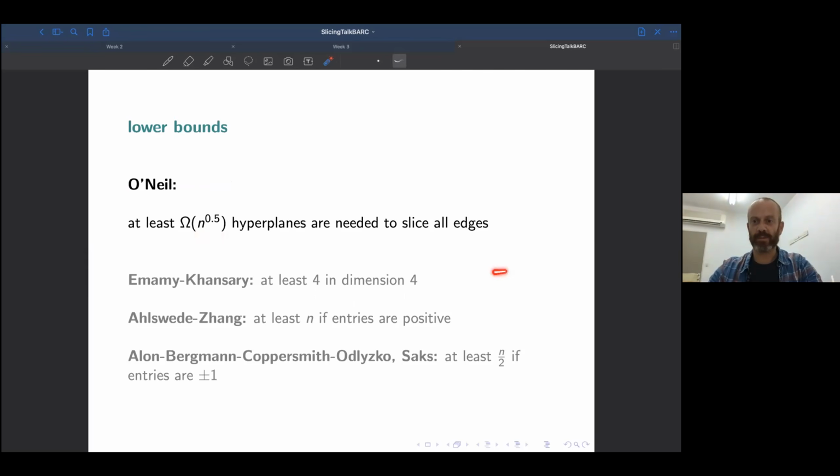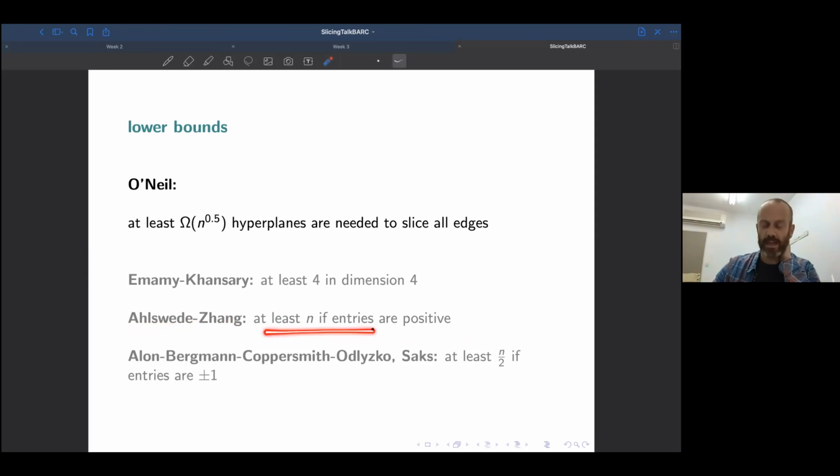And in some special cases that are written here, we know better lower bounds. In dimension 4, there is nothing non-trivial. In general, if all entries in all vectors are positive or have the same sign pattern, then we must use n hyperplanes. This was proved by Alon, Sváda and Zeng, and they proved something much more general. This is a corollary of what they proved.